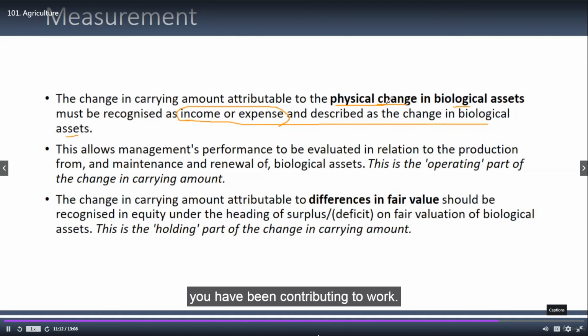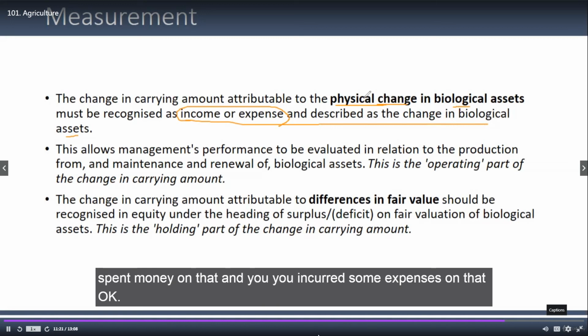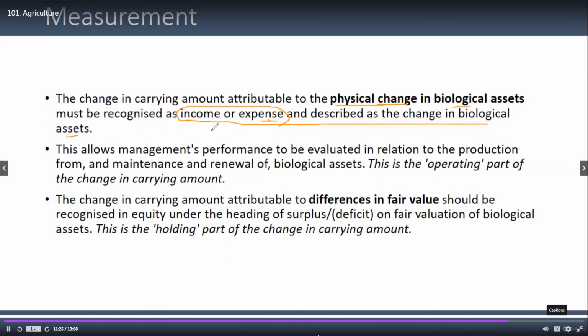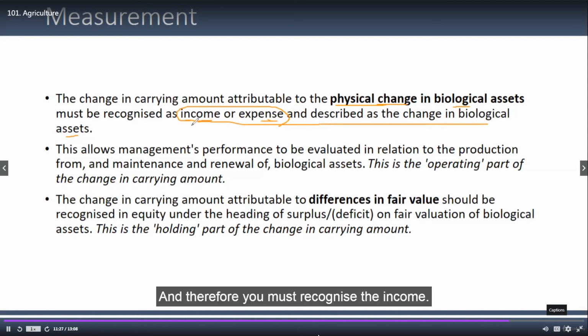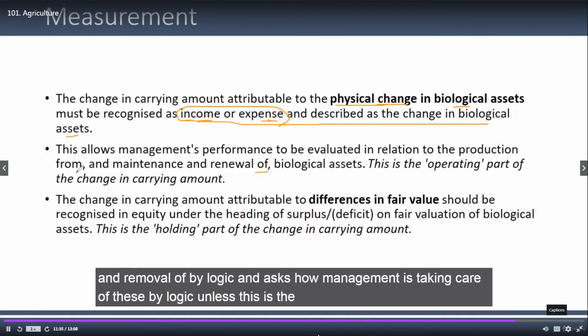Because you have been contributing toward it, feeding it, watering it, taking care of it, you have spent money on that, you incurred some expenses on that, and therefore you must recognize the income. This allows management's performance to be evaluated in relation to the production from and maintenance and renewal of biological assets, how management is taking care of these biological assets.